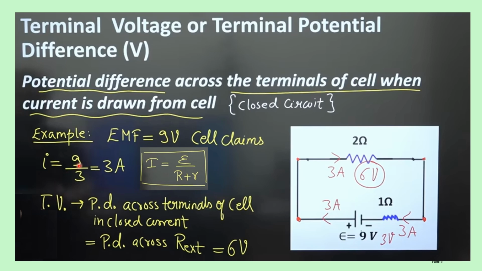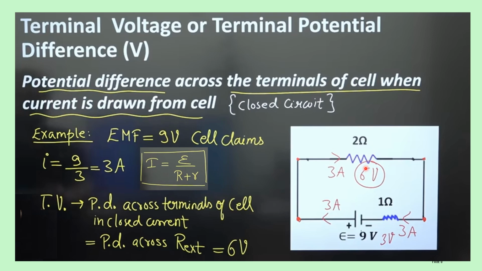I is equal to 9 divided by the sum of the resistors, 2 plus 1, which is 3. 3 ones are 3, the 3s cancel, and you get a final value of 3 A. Therefore 3 ampere of current flows inside the circuit. At any point in the circuit you will find 3 ampere of current. Then you know the formula V is equal to IR.